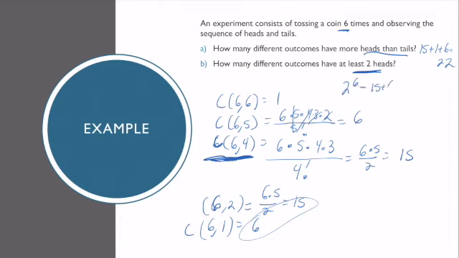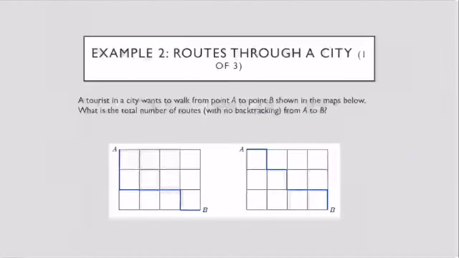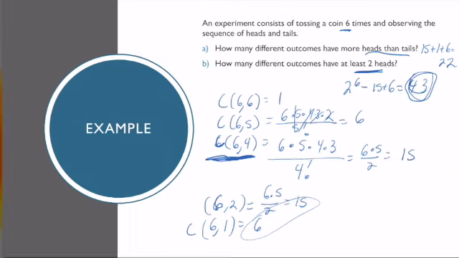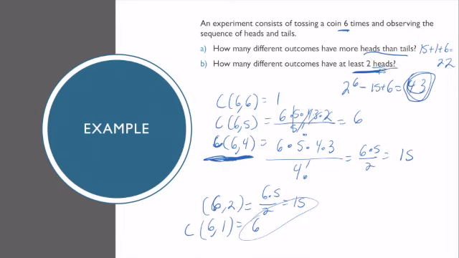So I take 2 to the 6th minus 15 plus 6. 2 to the 6th is 64. I'm pretty sure. Let me double check. 2 to the 6th is 64. So I have 64 minus 15 minus 6 equals 43. So there are 43 different outcomes with at least 2 heads.